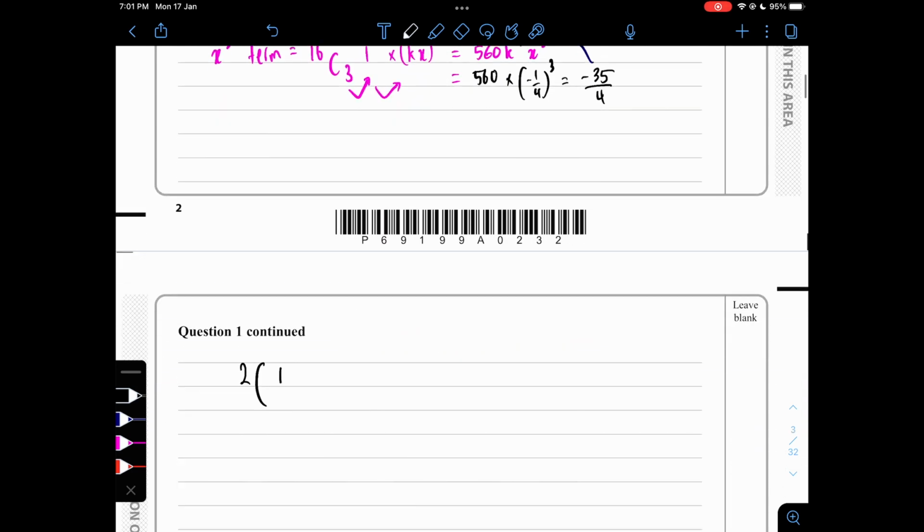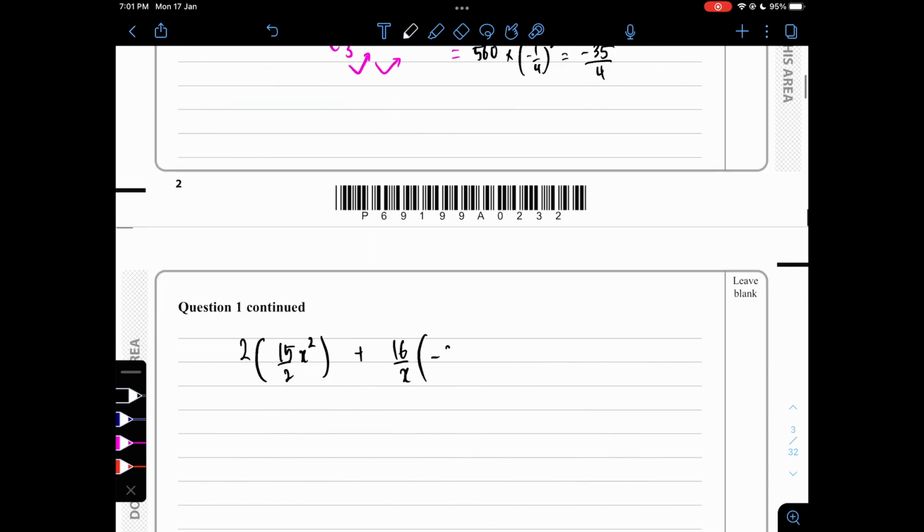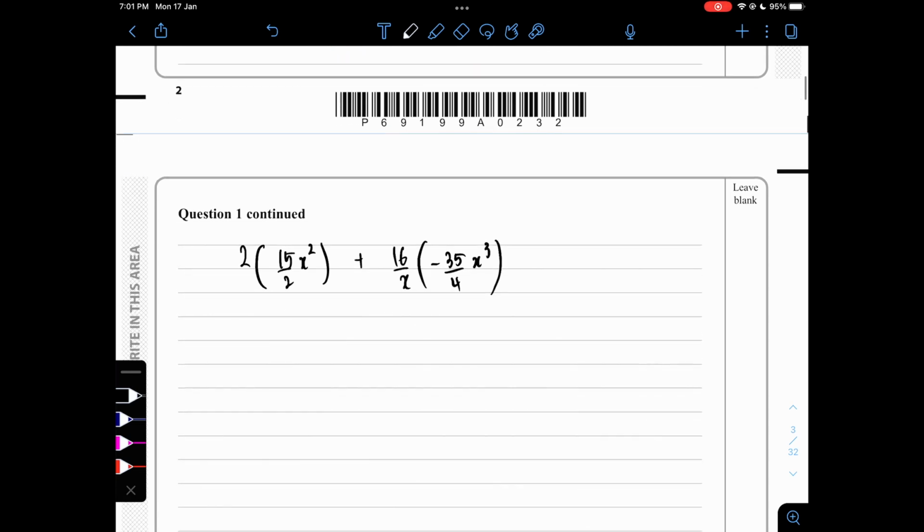So 15 over 2x squared plus 16 over x multiplied by minus 35 over 4x cubed. Right? Okay. So 2 times 15 over 2 is just 15x squared. Plus, so 16 times minus 35 over 4. When put in a calculator, you get minus 140.